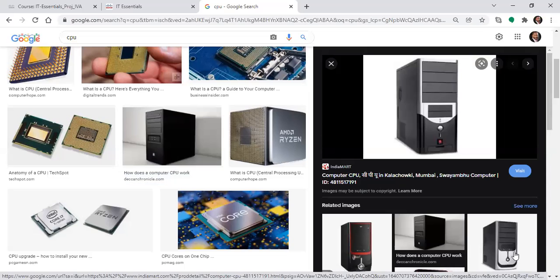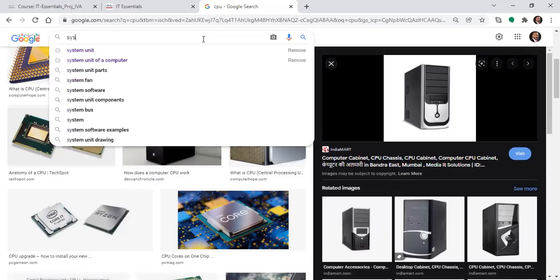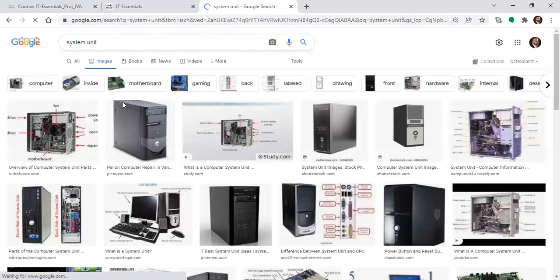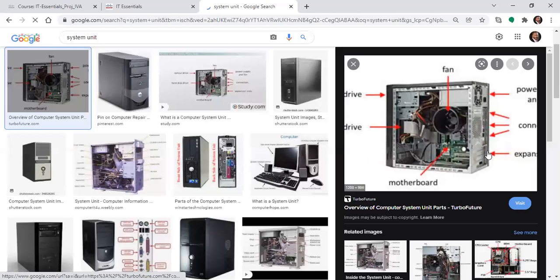I always say it's not called a CPU. It's a system unit, and I'm going to show you so you understand that. It comes with a diagram. You can see it's a system unit, the components, everything is inside. When the components are not inside, it's called a case. All right, so let's go back.